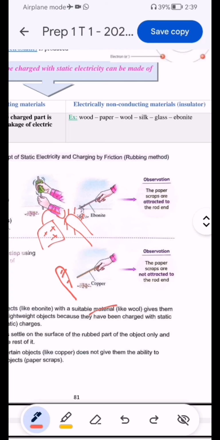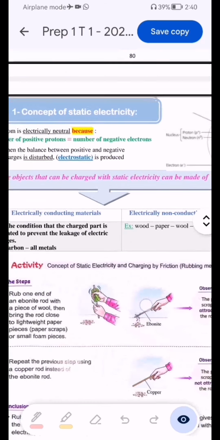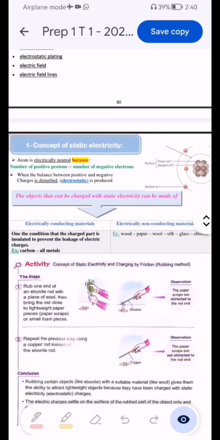Okay? So we will divide materials into electrically conducting material and electrically non-conducting material. Electrical conductors, like carbon and metal, allow electricity to flow through them. So no charges accumulate on their surface, no electrostatic charges on the surface, so they will not attract paper to them. Okay, look at this.